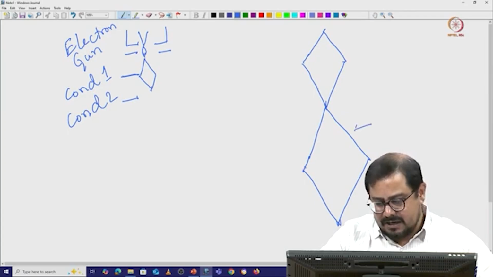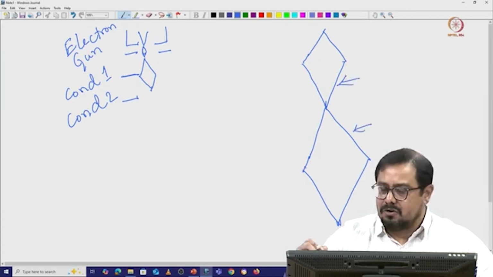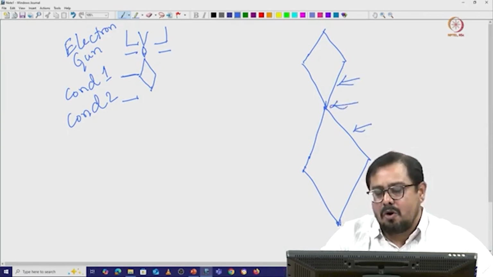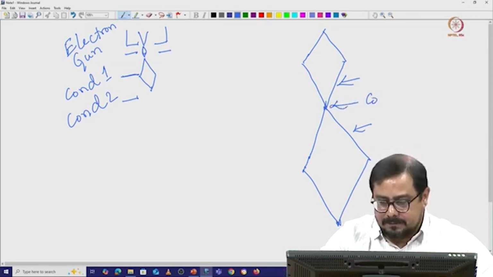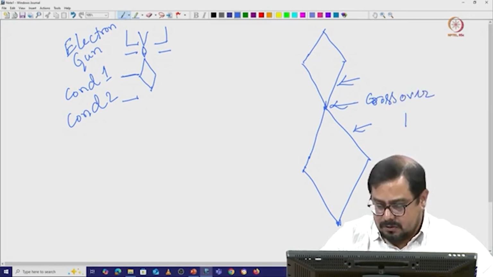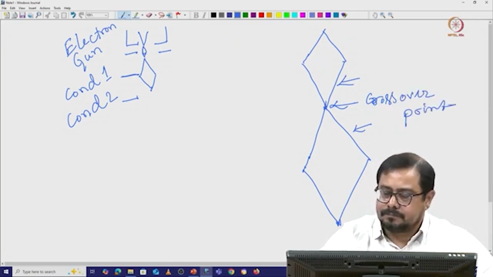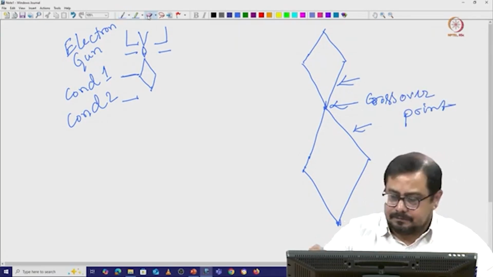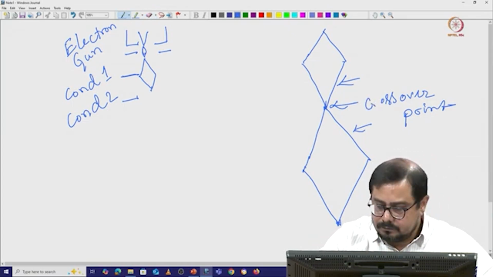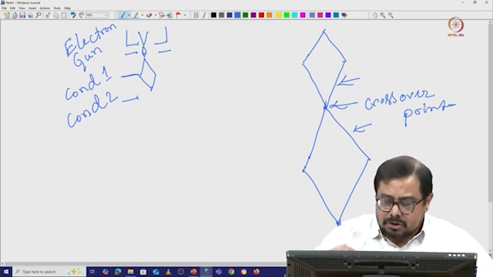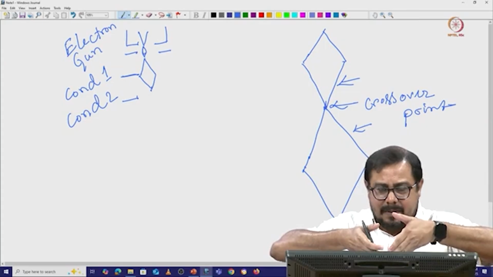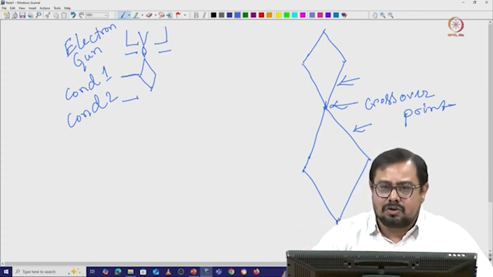This point is called the focus point, or the crossover point. Wherever the electron beam converges to one particular point, we say this is a crossover point.